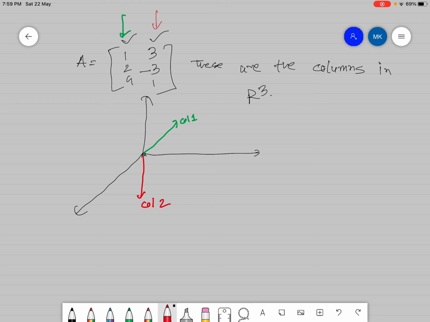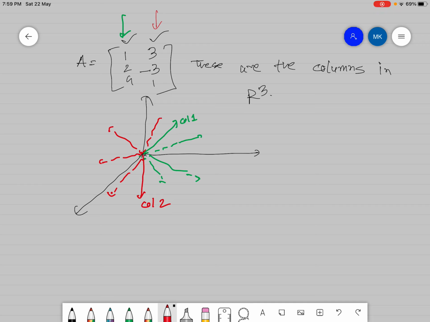Now I should be able to take all the linear combinations of these two columns. So all the linear combinations should be going here, going there, everywhere.